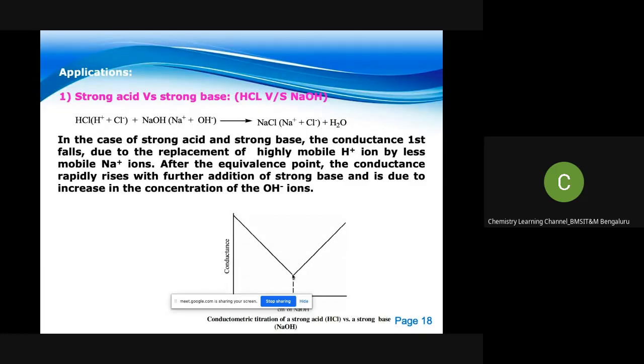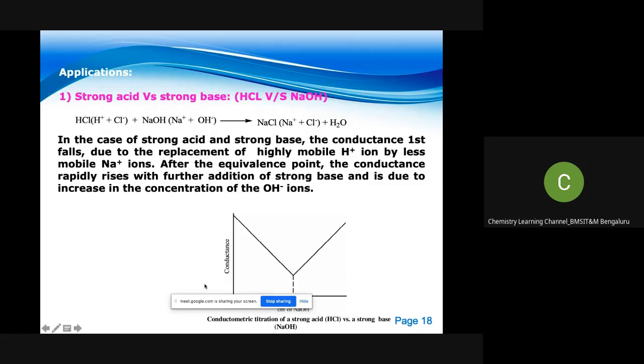So after this point, the conductivity goes on increasing due to the increase in the concentration of the OH- ions, which I am adding in the form of NaOH. So this is due to the excess of the NaOH added. Got it? So this point is the equivalence point where complete HCl got neutralized, which is the end point of the reaction. That is the equivalence point of the reaction.